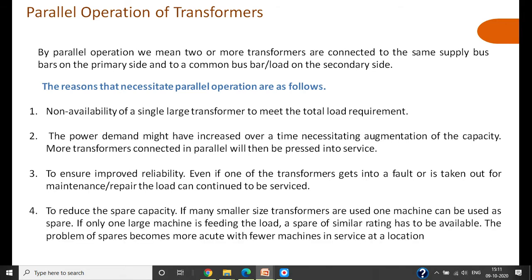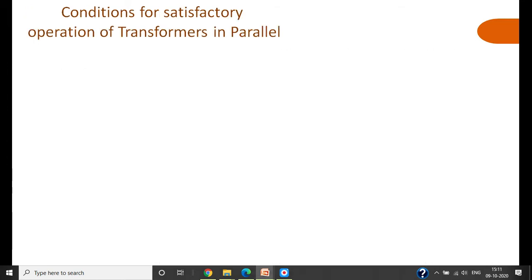Also, spare capacity cost is reduced with smaller units in parallel, and there are transportation and installation problems with a bigger transformer. Therefore we go for parallel operation of transformers.